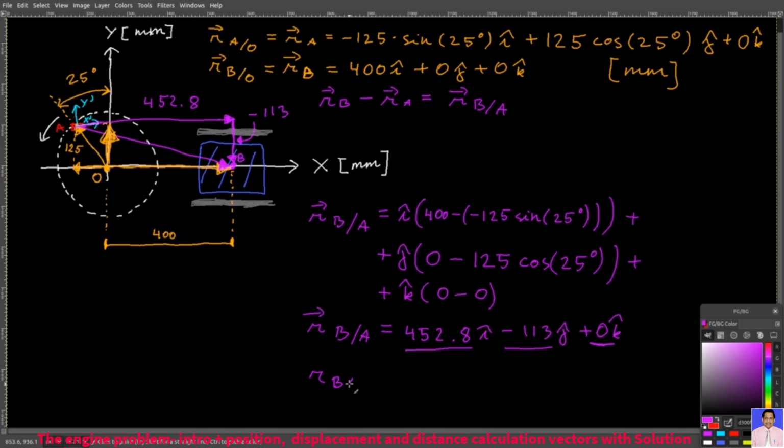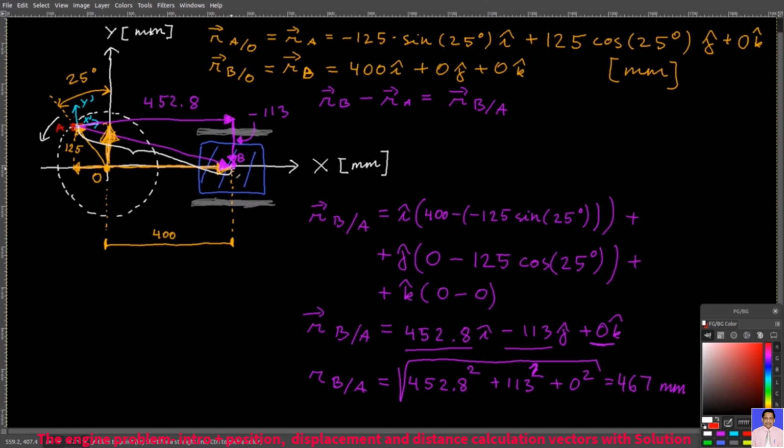And so the magnitude of this displacement vector is the square root of 452.8 squared plus 113 squared plus 0 squared, and you will get 467 millimeters. And there you go. The length of your connecting rod is 467 millimeters.